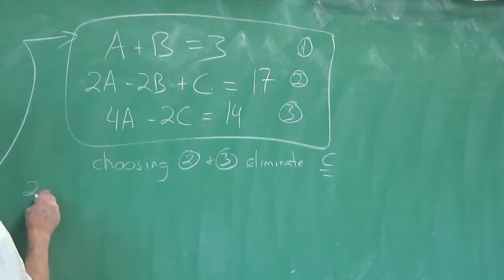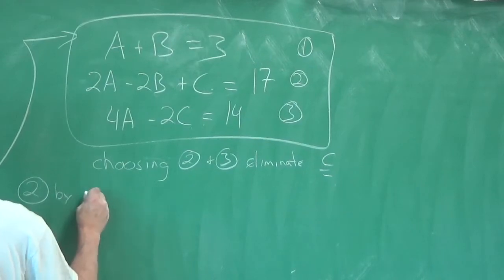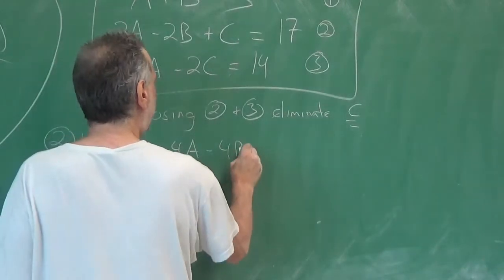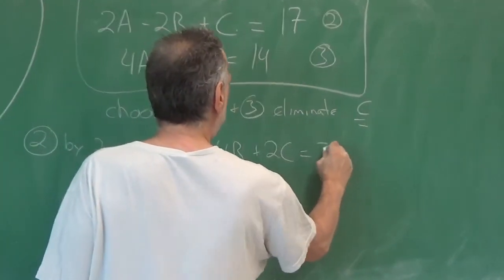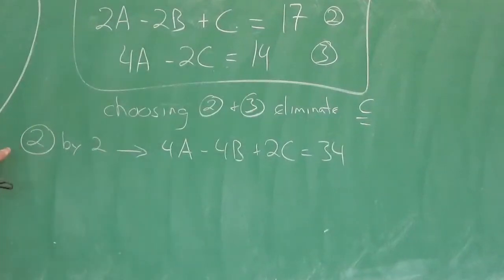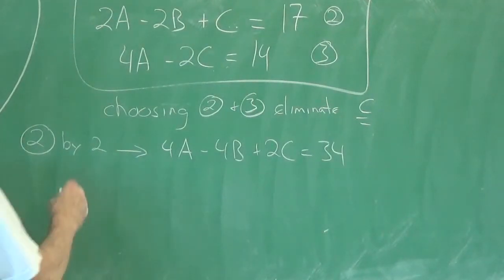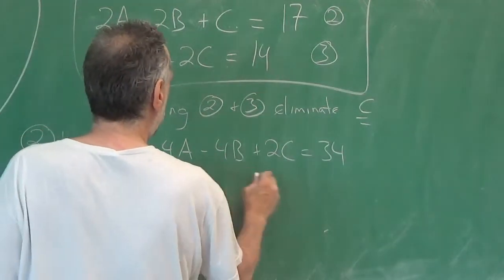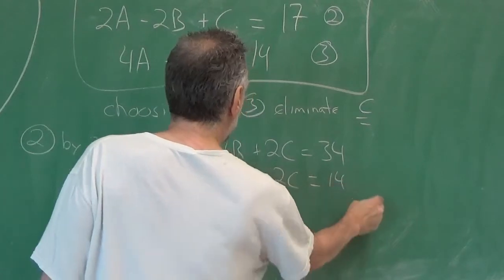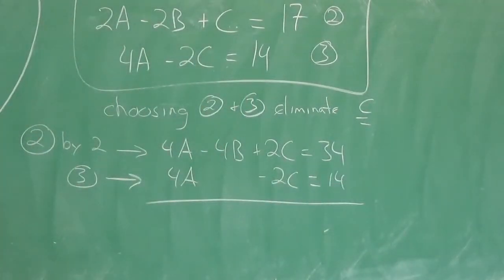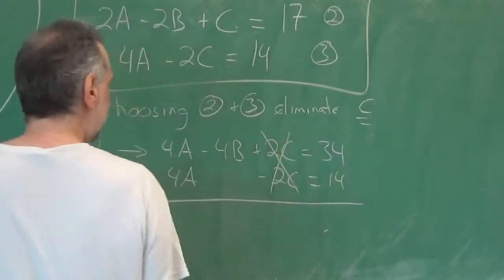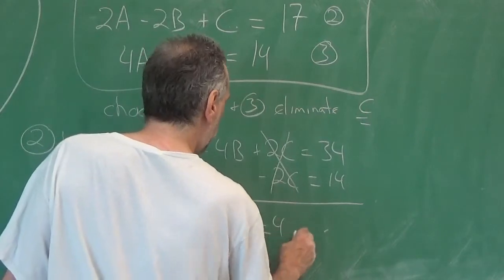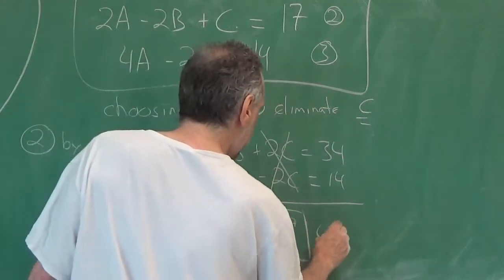So I'm going to take equation 2 and multiply it by 2 to get 4a minus 4b plus 2c equals 34. Multiplying everything in equation 2 by 2, adding it to the third equation, 4a minus 2c equals 14. I add those together, I eliminate the c's, and I'm left with 8a minus 4b equals 48. We'll call that equation 4.